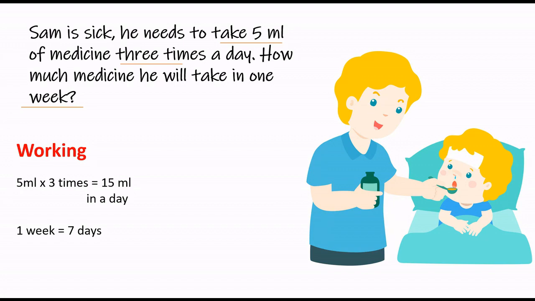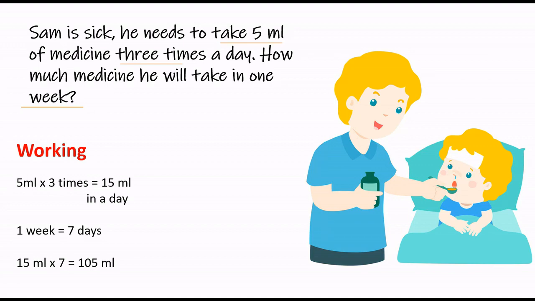As we know, 1 week is equal to 7 days. Let's multiply the amount of medicine in 1 day times 7 days of a week. Yes, it's going to be 105 milliliters.